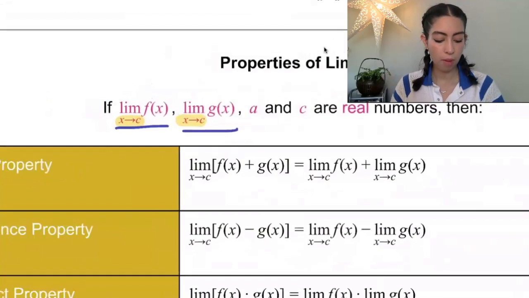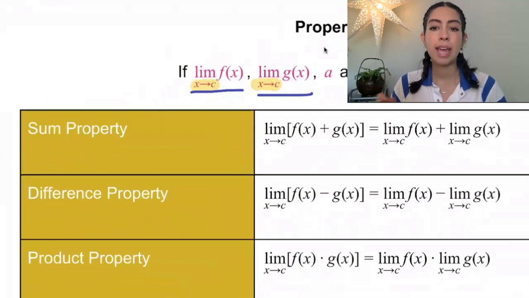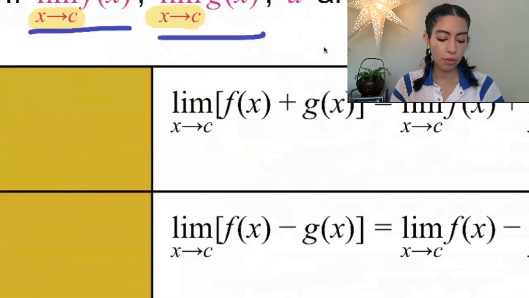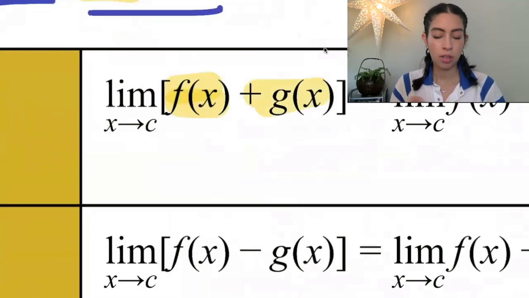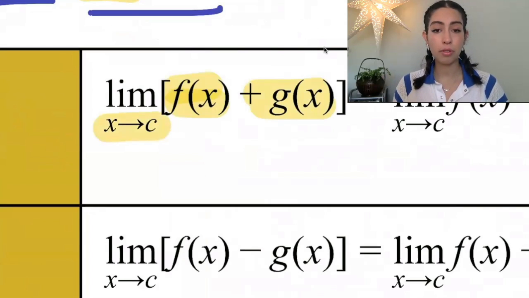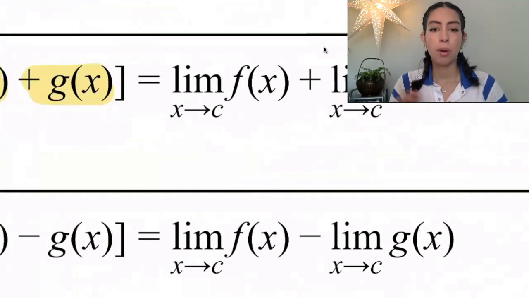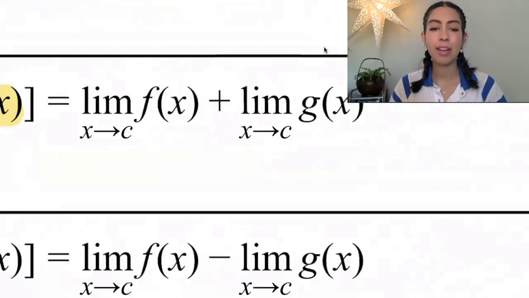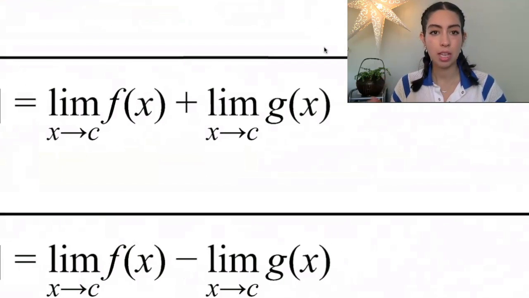So the first property is the sum property. That means if we have the sum of two different functions, so in this case, f of x and g of x are two different functions, but we are finding the limit as x approaches the same value for each of those functions, then we can go ahead and break those apart and find each of those limits separately.